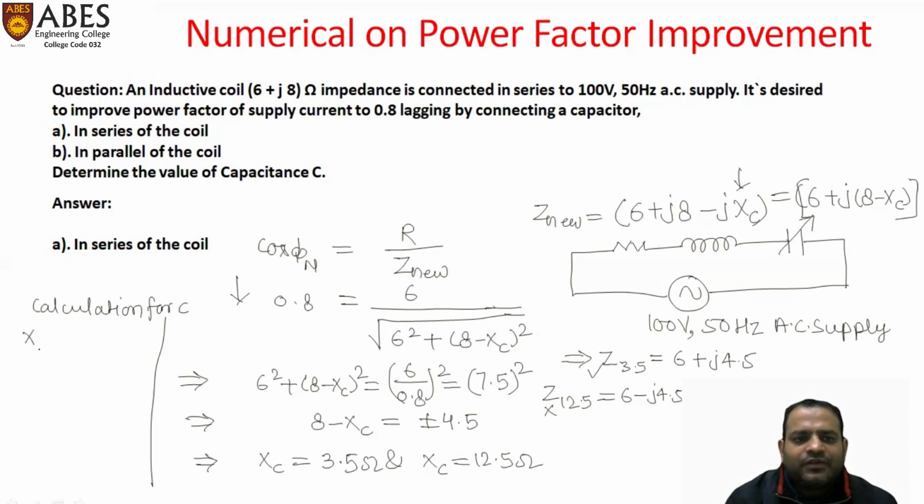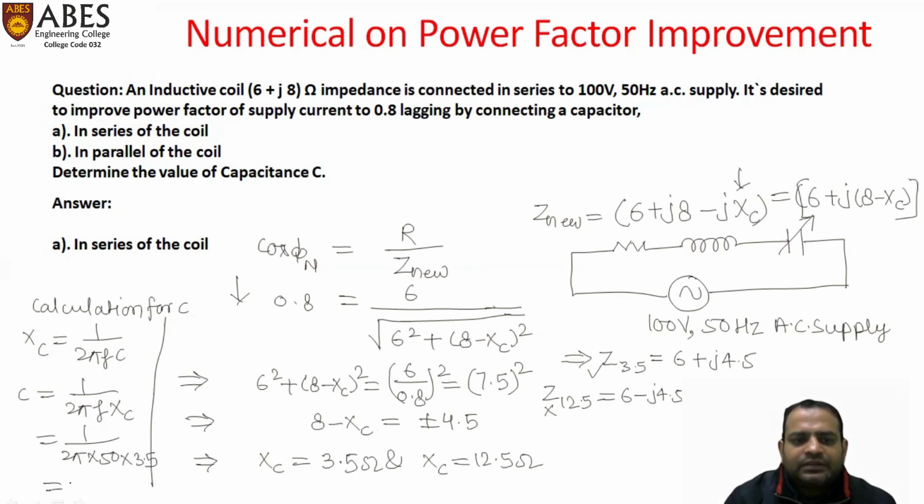What is the value of XC? It is 1 upon 2 pi f C. So C is 1 upon 2 pi f XC. We take XC as 3.5, so this is 1 upon 2 pi times 50 times 3.5.